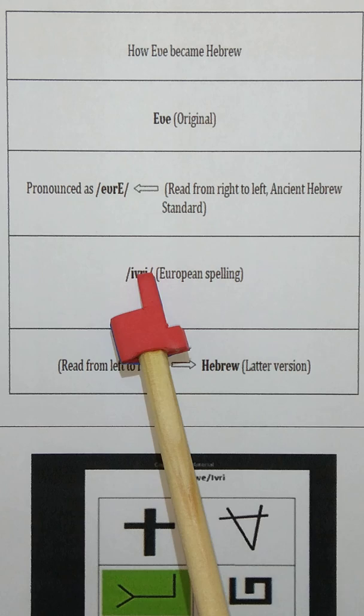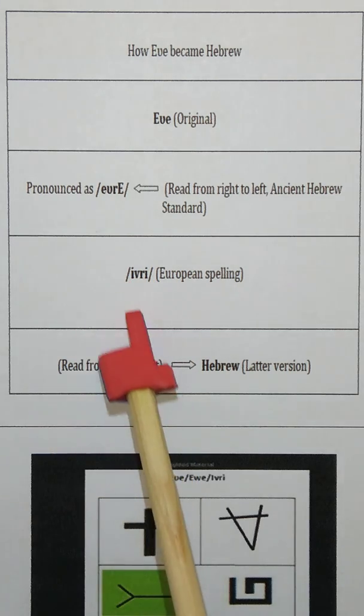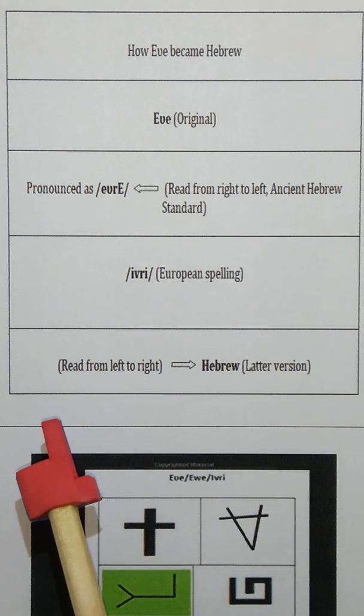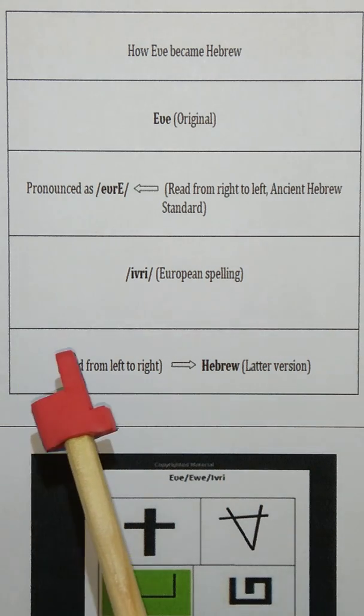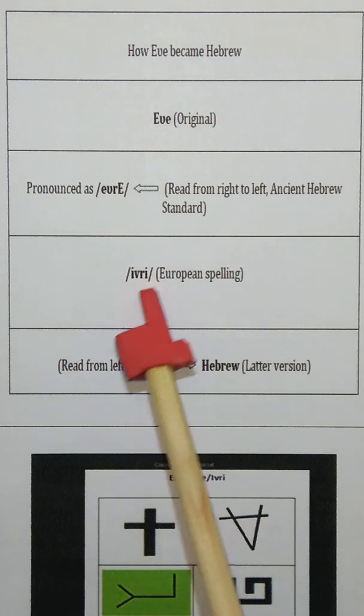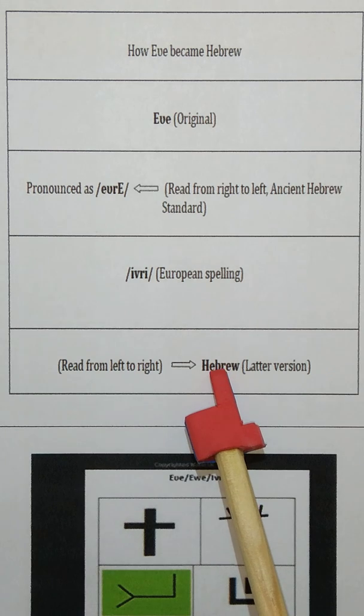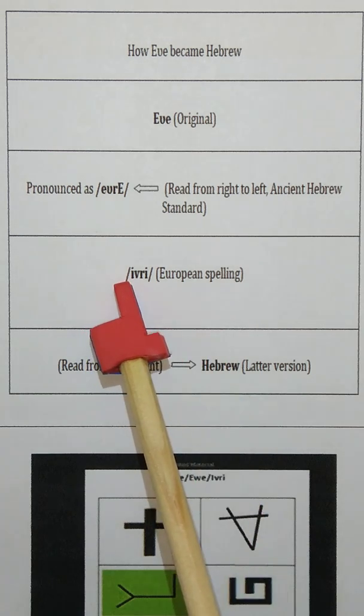If you read it from left to right, as is in the European languages, you get Ivri, and where the B substituted the V, you get the Ibri.